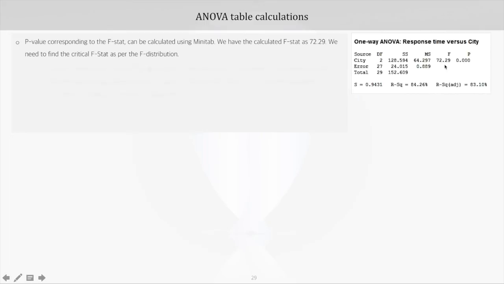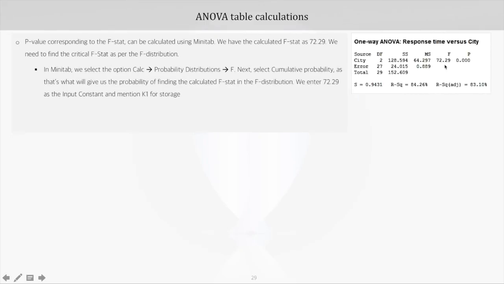If you really want to calculate, and if you use Minitab quite often, then it's very easy to do. In the menu, you need to go to Calc, and within that look for probability distributions, within which you will find F distribution.